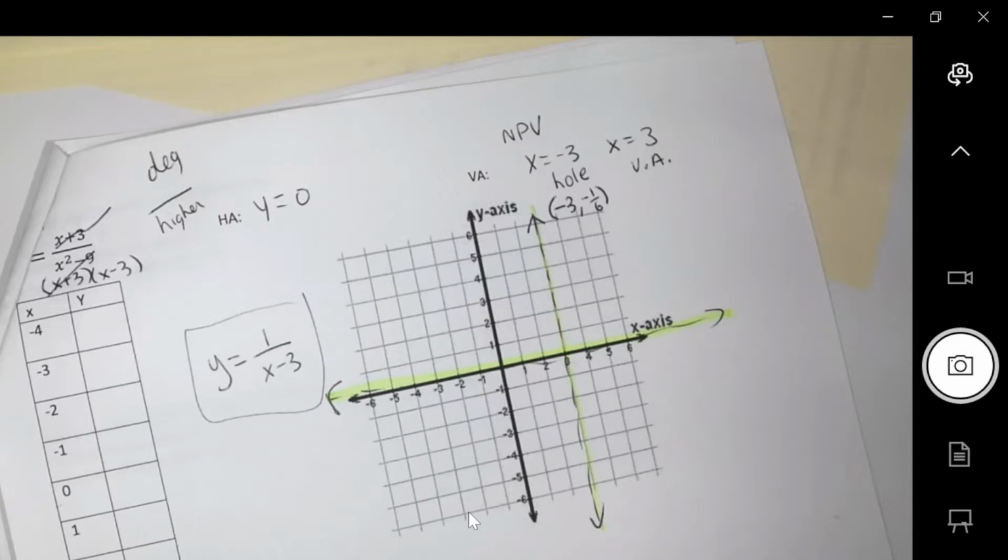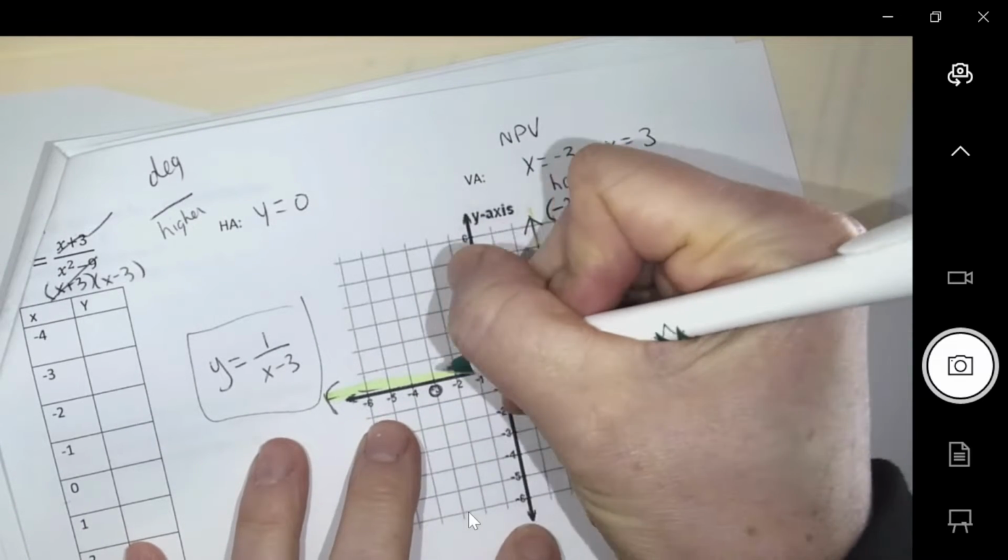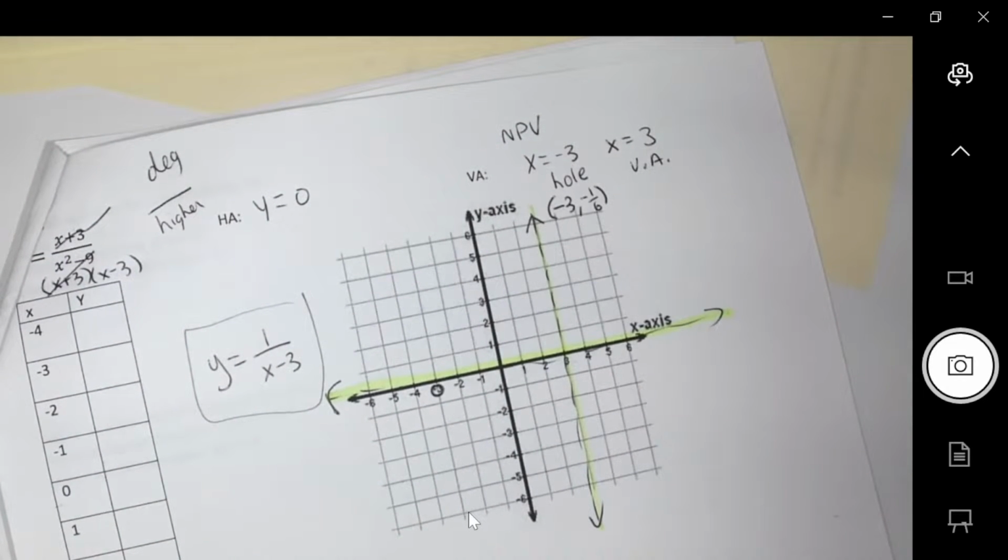And I'm going to draw my hole in now before I forget. Okay, so on your test, I have to clearly see the hole in your graph.